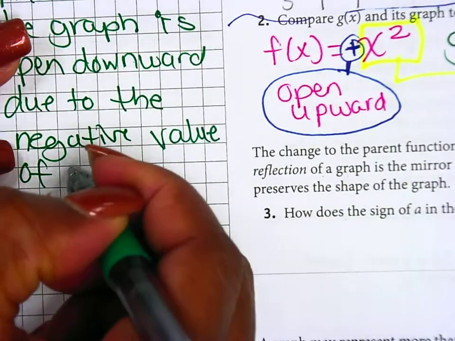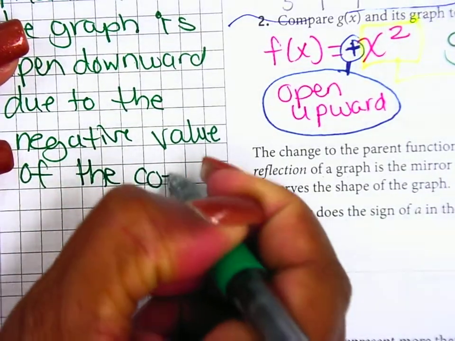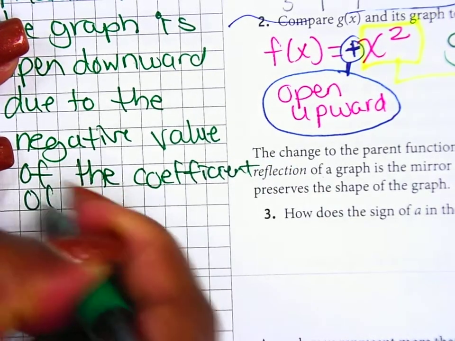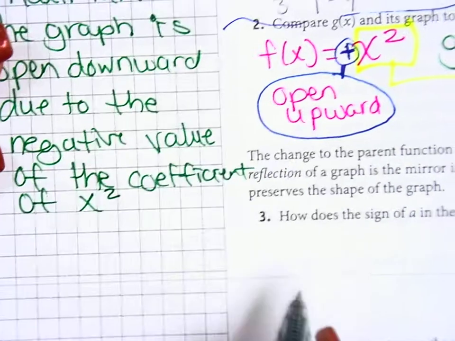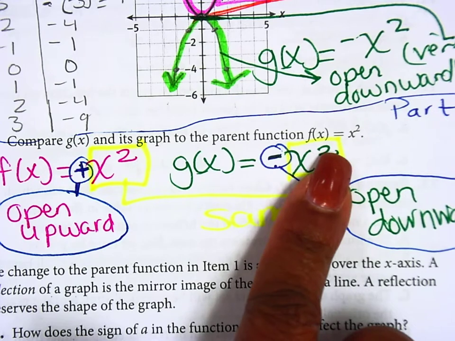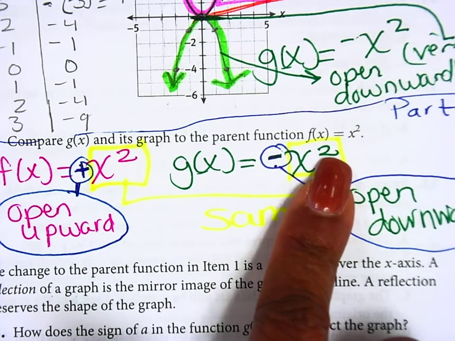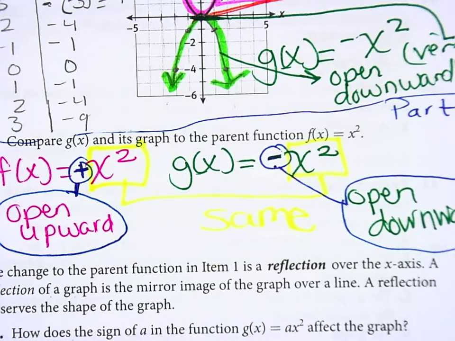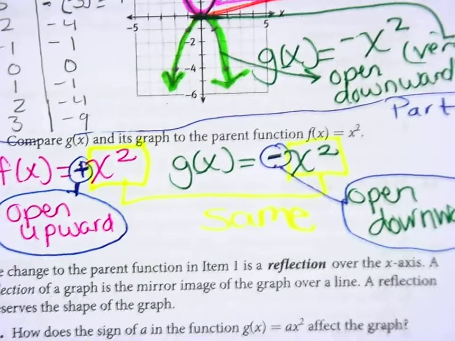The negative value of the coefficient of x squared, okay? If it was negative 2x squared or negative 1/2 x squared, the coefficient would be negative, and we refer to it as a. I want to make sure it's very clear.